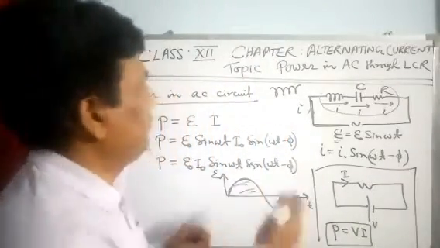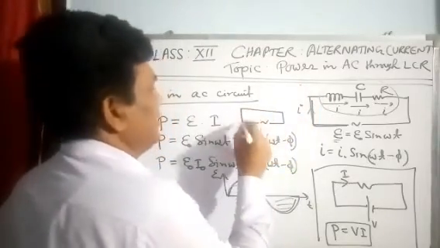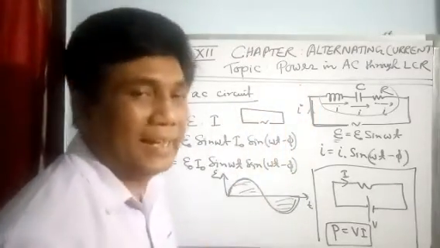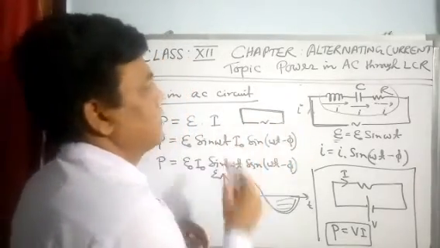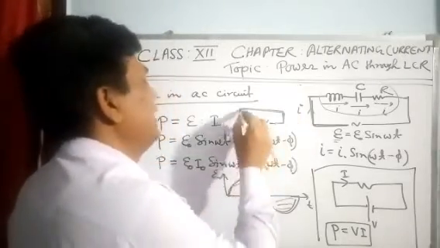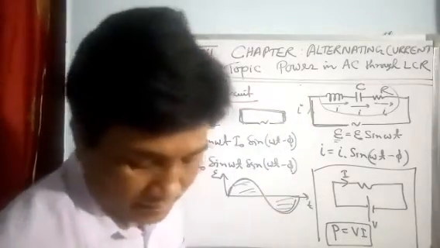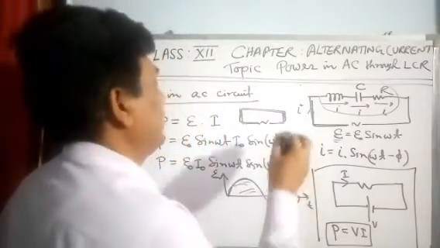So a simple circuit like this can also behave like an LCR circuit, no problem, because this wire has some inductance, this wire has some capacitance, this wire has some resistance. L is there, C is there, and R is there.